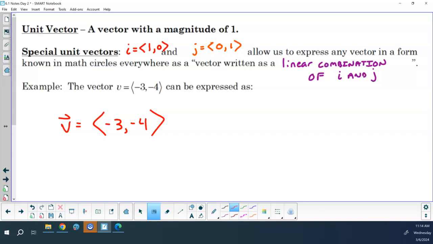is the vector -3, -4. Well, that's going to be -3 times the vector i minus 4 times the vector j.